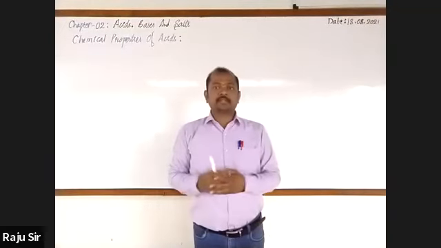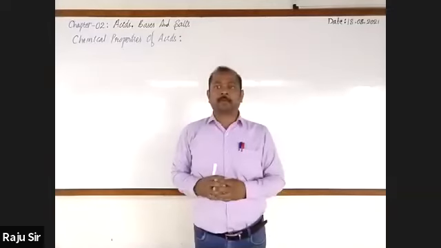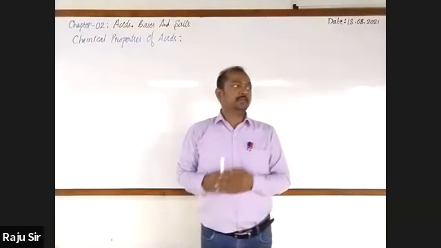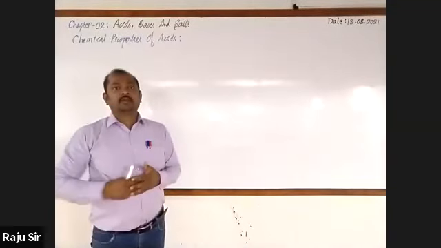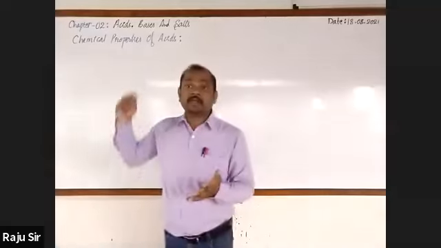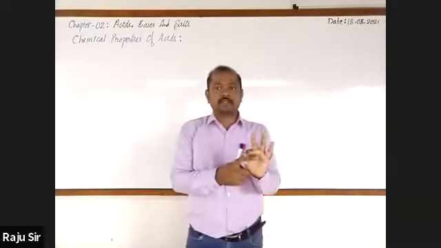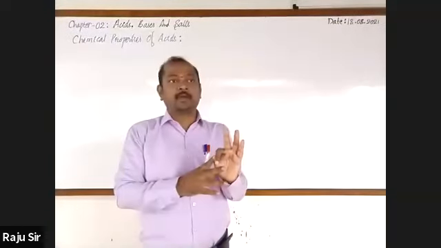With respect to acids, we will describe 4 important chemical properties. Hope that you might have already read the textbook. If yes, could you tell them? Reaction of acids with metal. Next, reaction of acids with metal carbonate or metal bicarbonate.